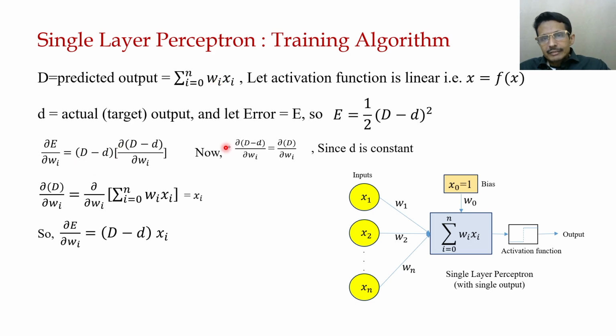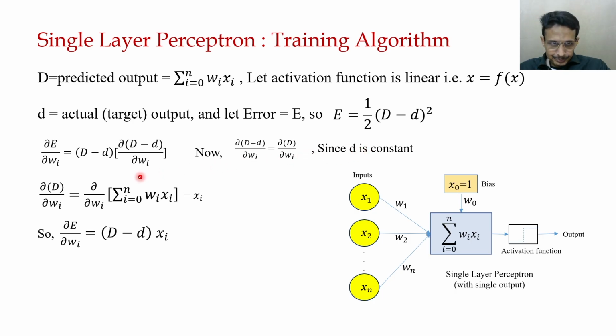If we differentiate, the half cancels out, giving capital D minus small d, times del of capital D minus small d by del of wi. Since small d is a target, it is a constant, so this becomes del of capital D by del of wi.